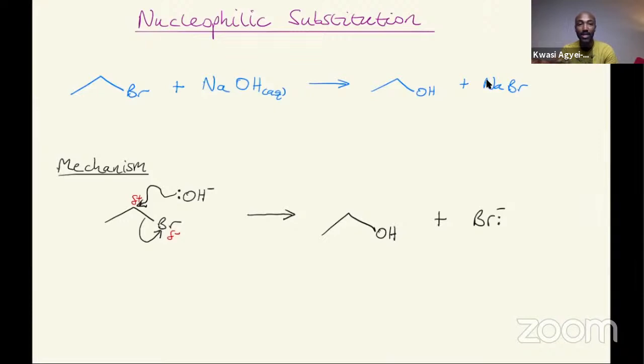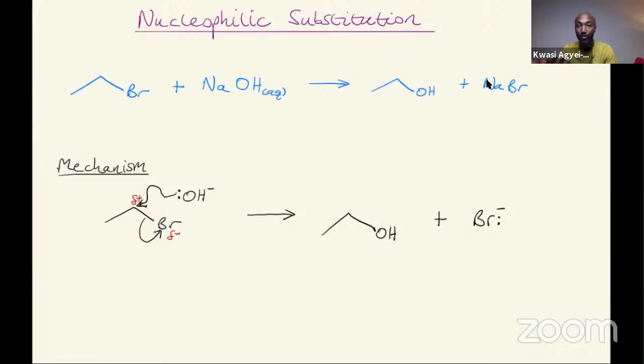So in this reaction mechanism, what we've done is substituted the bromine atom, or replaced it, with an OH group. So it is a substitution mechanism, and it is caused by this nucleophile, this nucleophilic attack on that carbon there. So we have a nucleophilic substitution mechanism. Quite a straightforward one for you to follow.